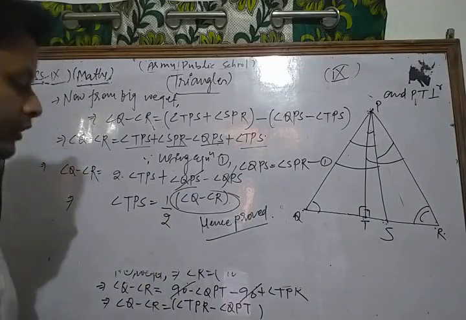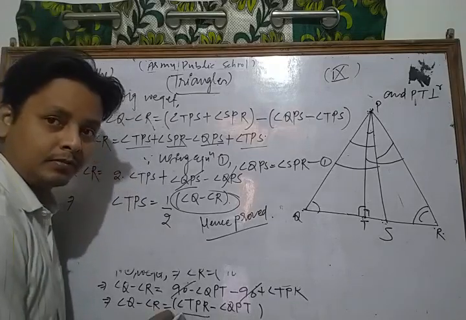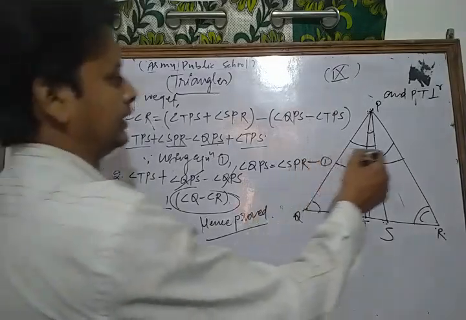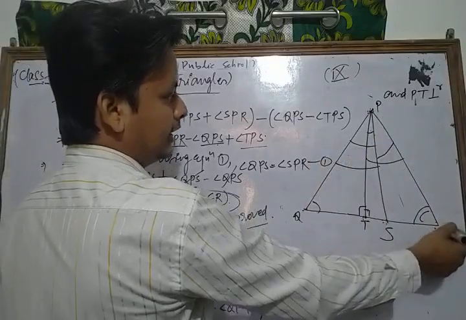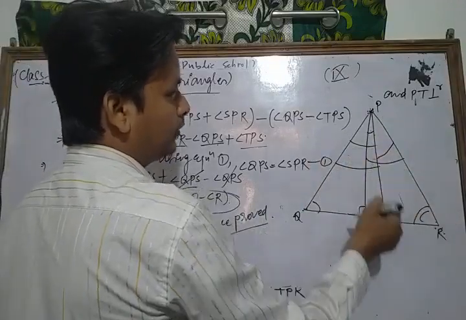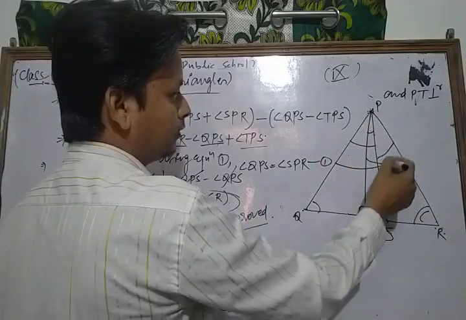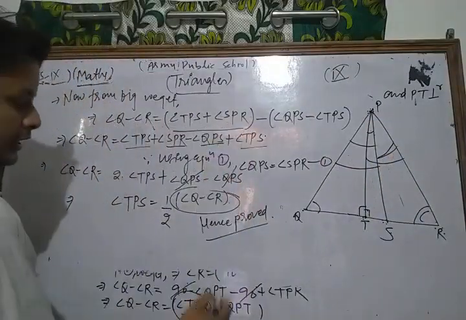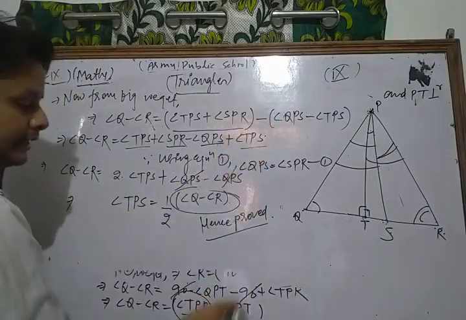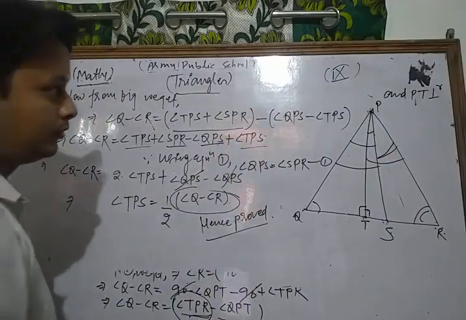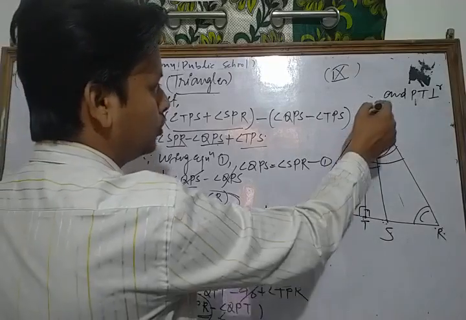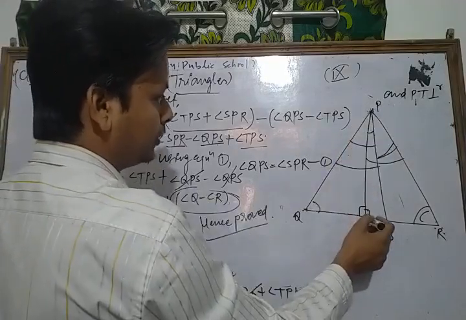Now we split that angle TPR in two parts. This is TPR, and we split that angle in two parts. One is angle TPS, the other is angle SPR. So we write it in this way, minus, as it is. Now angle QPT, let's see from the figure, angle QPT is equal to what?